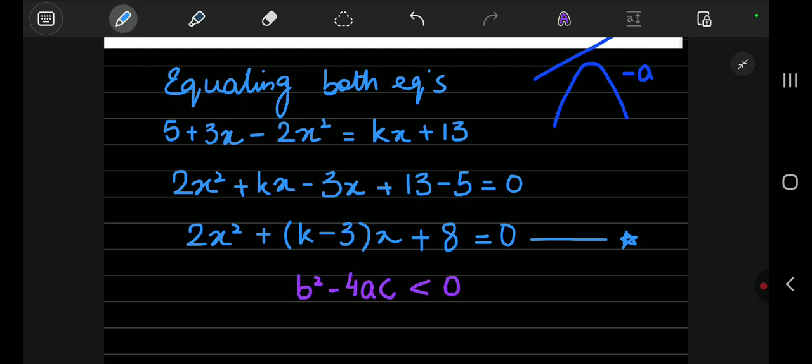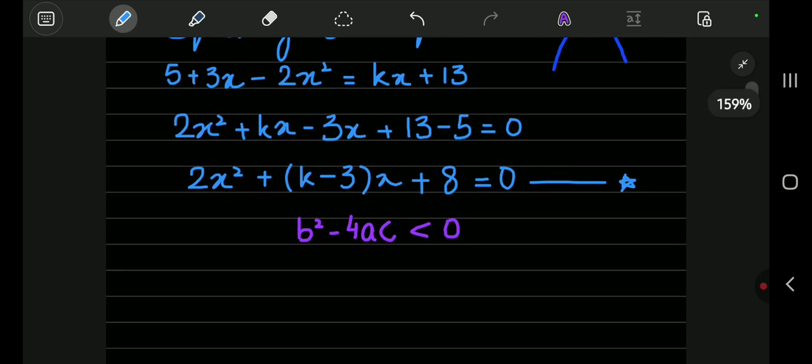It is greater than 0 when we have two points of intersection, and if it equals 0 we have just one unique point of intersection, or maybe you can have repeated roots. And we use discriminant less than 0 if the curve and the line do not meet.